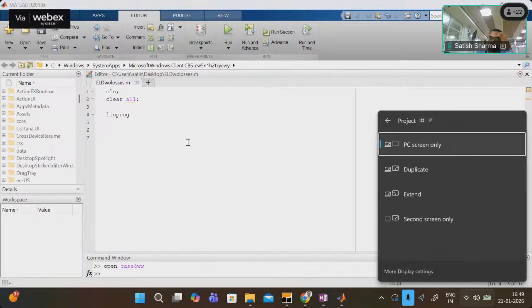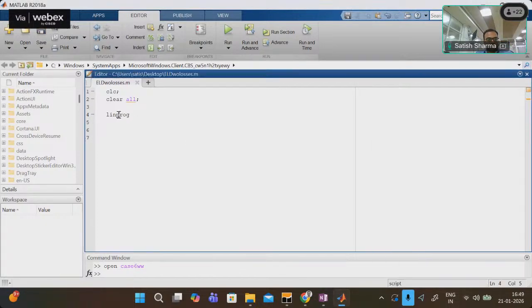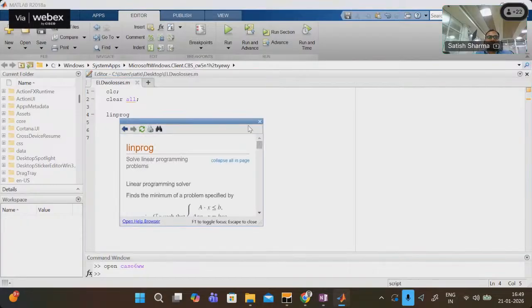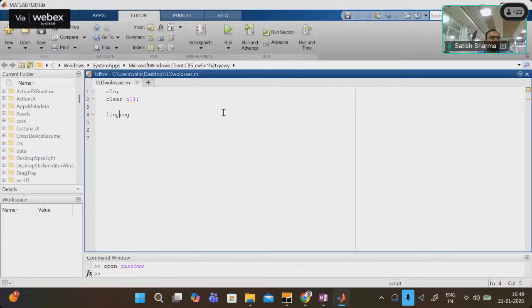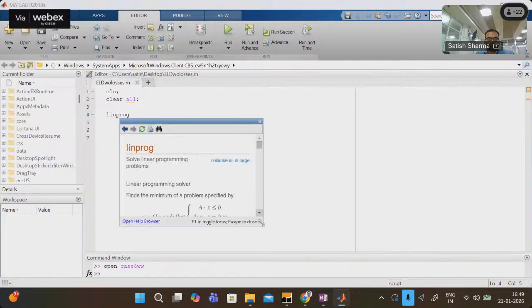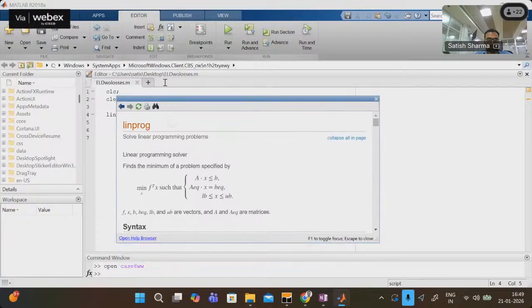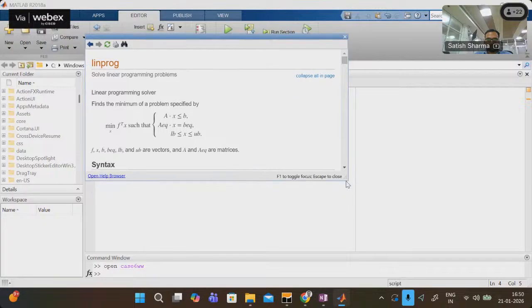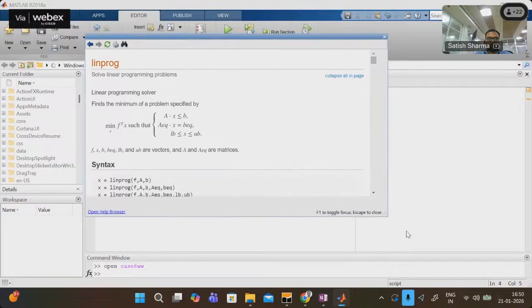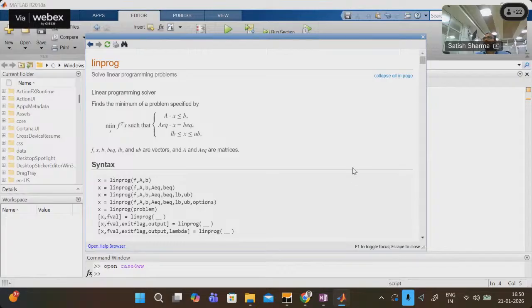So I have placed, okay, wait. This is linprog. This is the help statement written for linear programming problems.